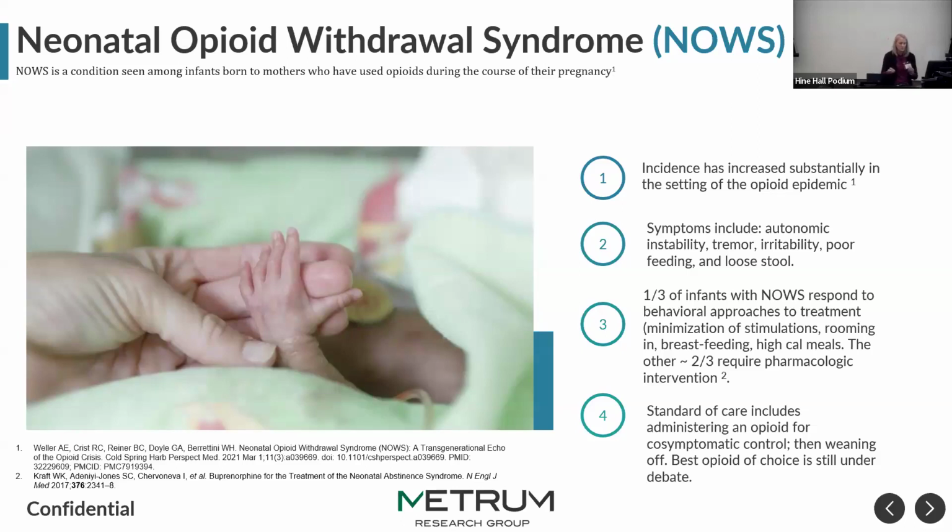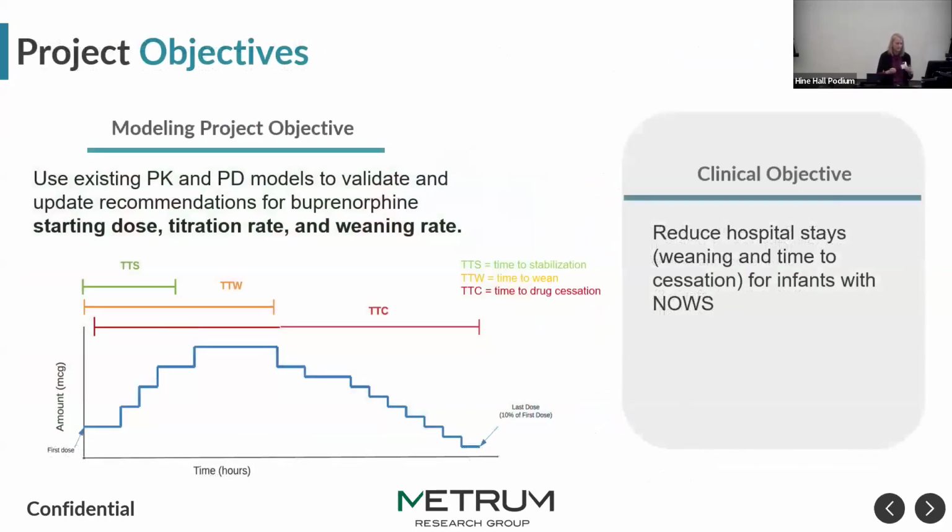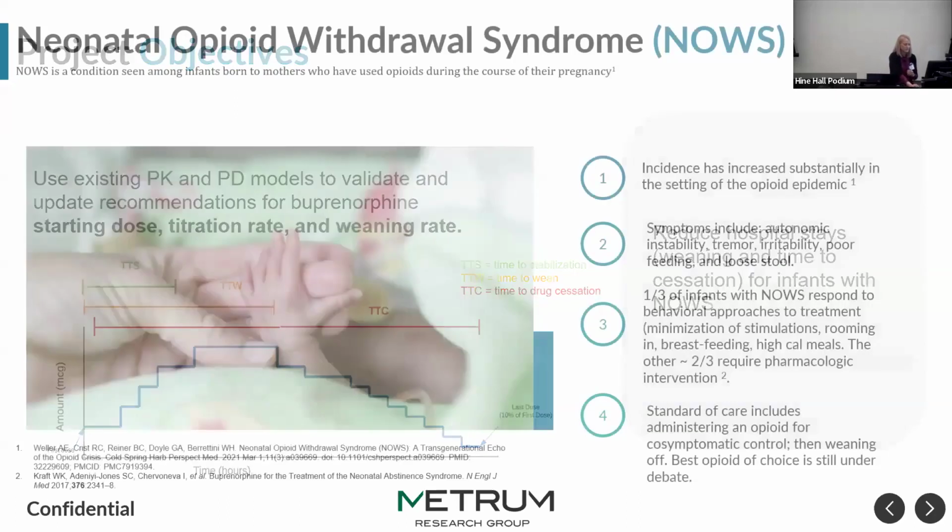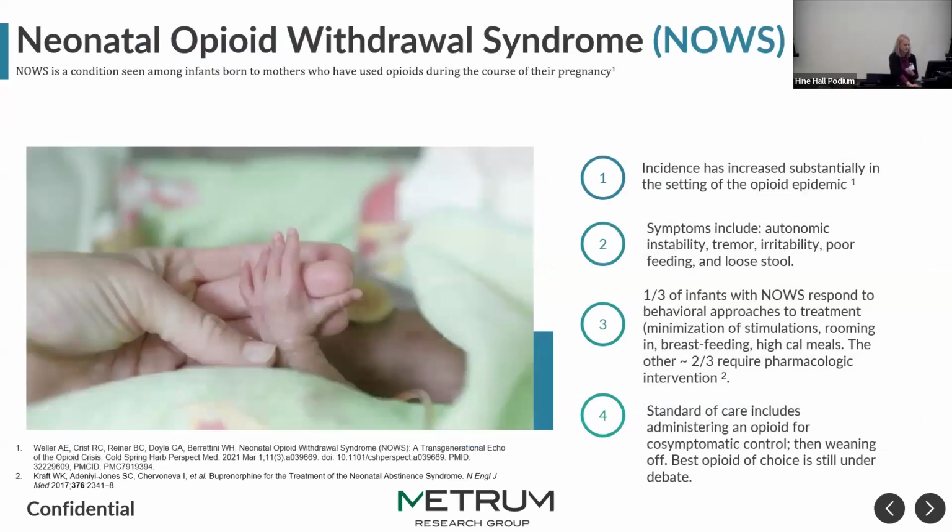But actually 2/3 require pharmacological intervention. So the standard of care right now, I think, is usually morphine being administered for symptomatic control, and then the infant has to be weaned off. But the selection of the opioid is still under some debate.